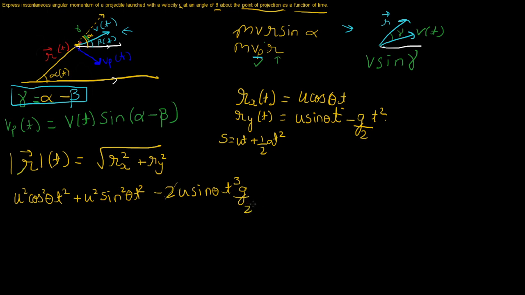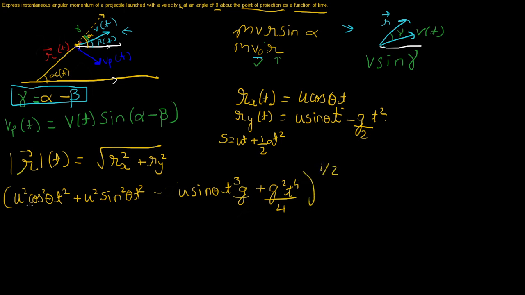The 2s cancel. Then plus b square, which is plus g square t power 4 by 4, and the whole thing is under root, power 1 by 2.